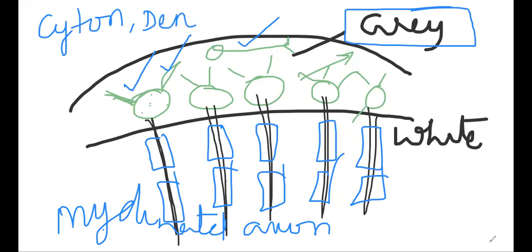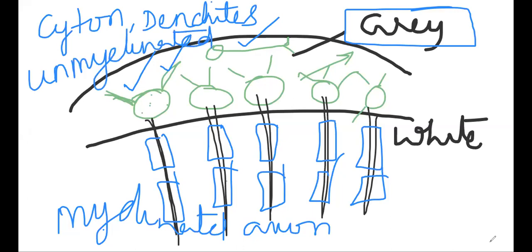If you start observing the brain, when you start reading the brain, you will justify these statements which are already present in the textbook. Last week we learned about the brain. There you can see the gray matter of the brain contains cyton, dendrites, and unmyelinated axons, and the white matter contains myelinated axons only. This is information which we already learned.